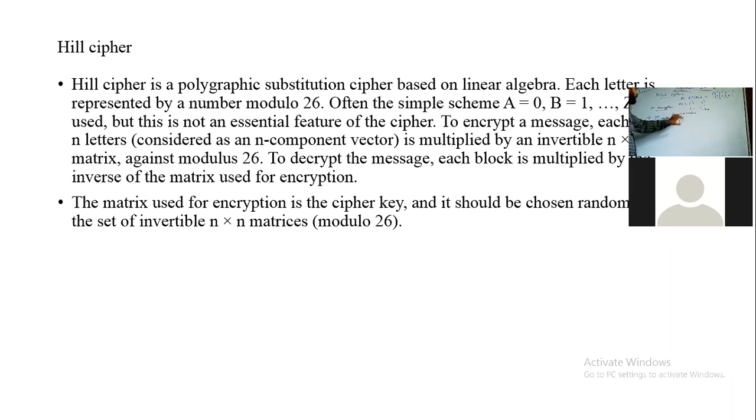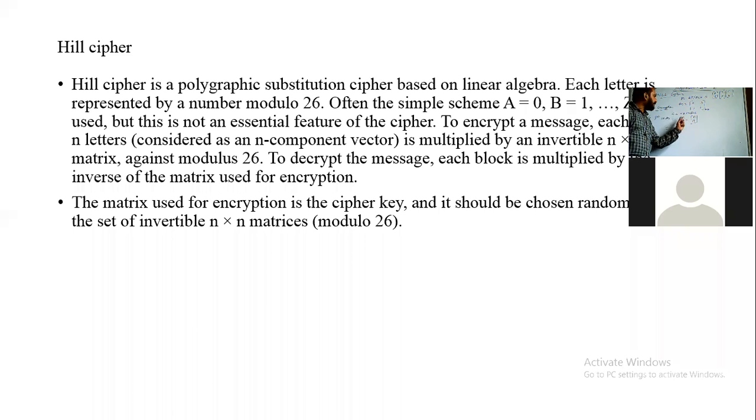Put this value in the formula. In number form, A is 0 and T is 19. Firstly convert the first vector into number form.